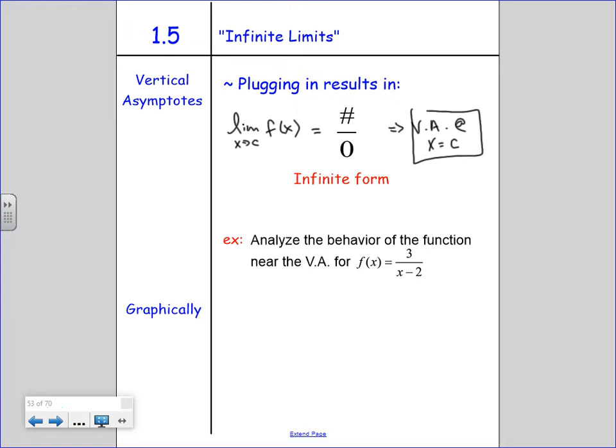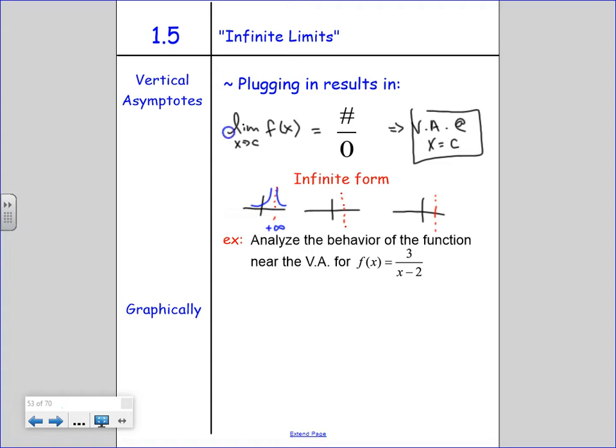But back when we first wrote this in our notes, do you remember that there were 3 different ways that we could have a vertical asymptote? Technically 4, but 3 different main ways at c. We can either have the function agreeing as I come from below and above c, and going to positive infinity would be my answer.